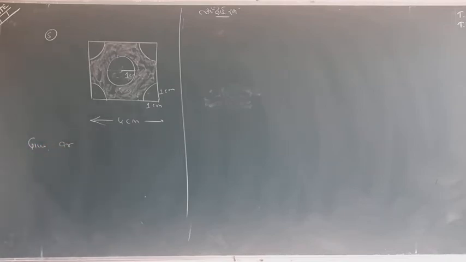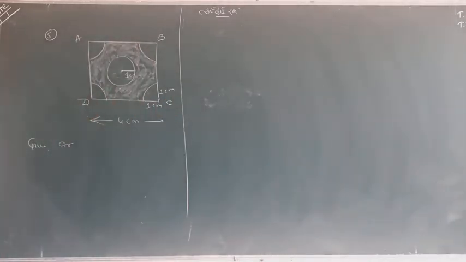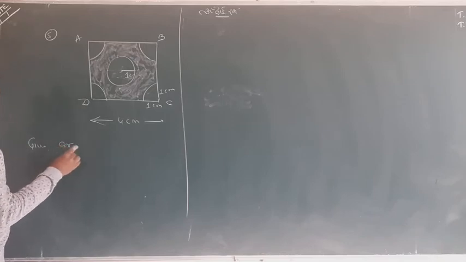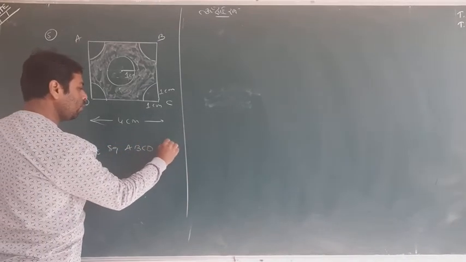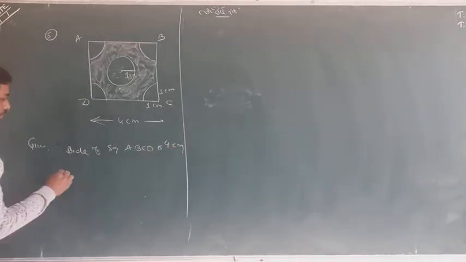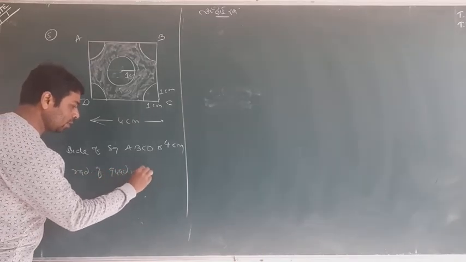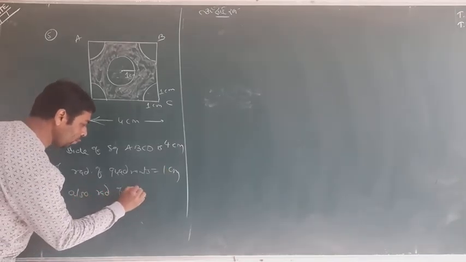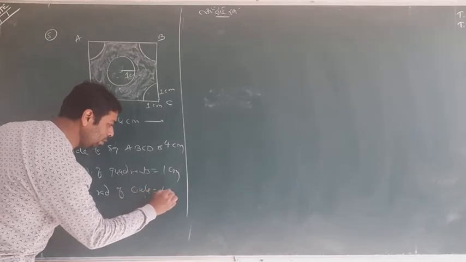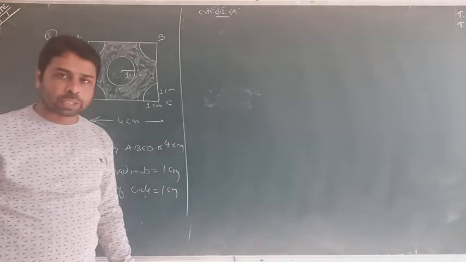The name of the whole square was given ABCD. Now look at here, given the side of square ABCD is 4 centimeter, and radius of quadrants 1 centimeter, also radius of a circle which is given in middle, diameter was 2, so radius is 1 centimeter.